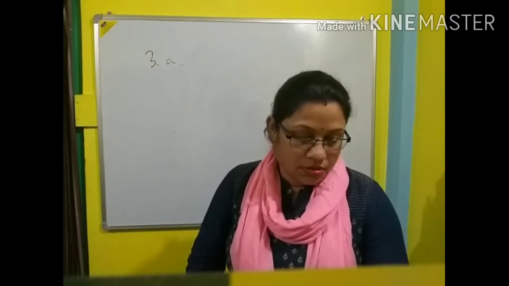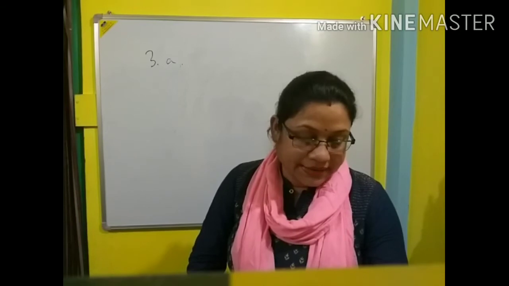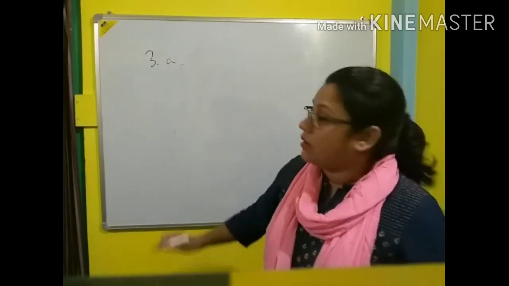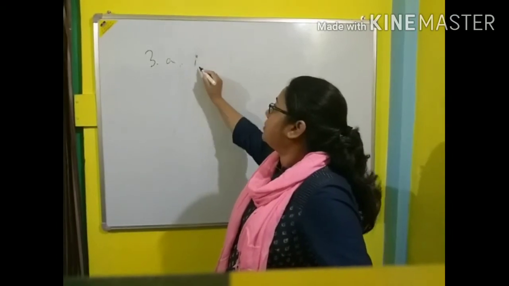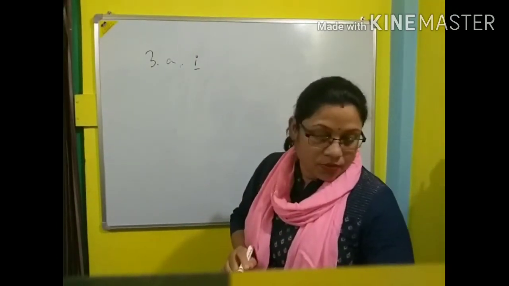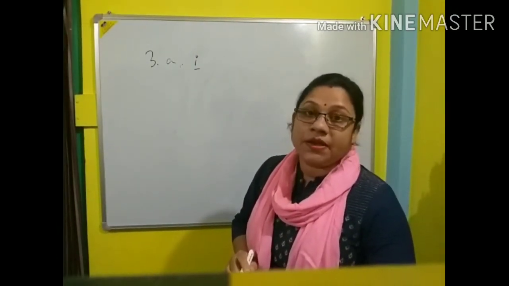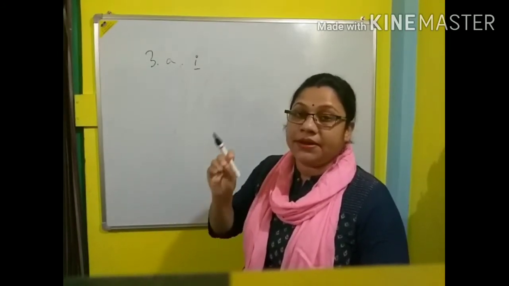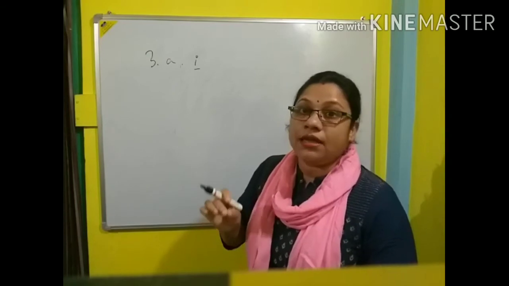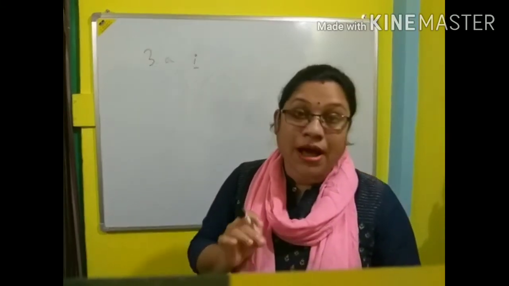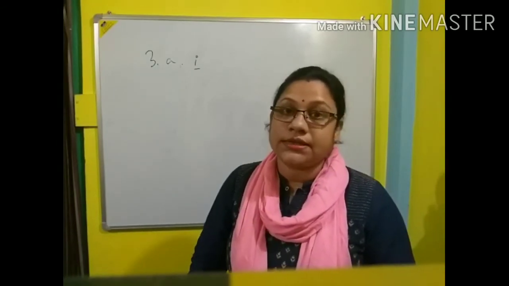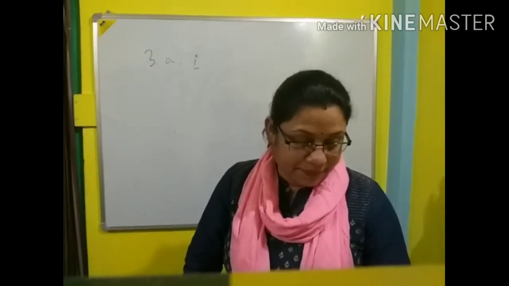The invalid one is 1 employee name, because a variable name cannot start with a digit. Here the digit 1 is placed before the employee name, so it is an invalid name.